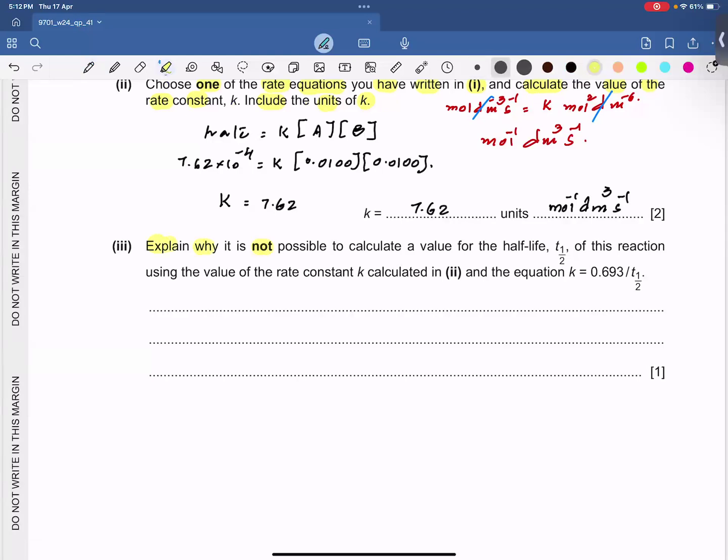Explain why it is not possible to calculate a value of the half-life of this reaction using the value of the rate constant calculated in 2 and the equation.